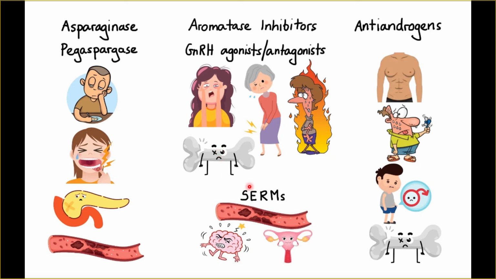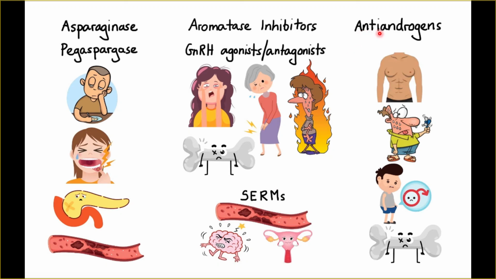And also with the selective estrogen receptor modulators, additionally to these, for adverse effects, we have also ovarian cancer and increased load to the heart, because of the increase in the androgen.